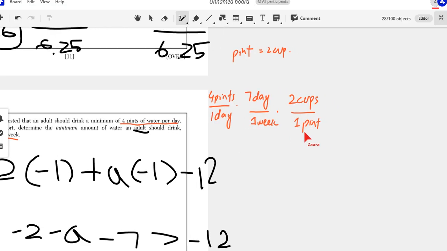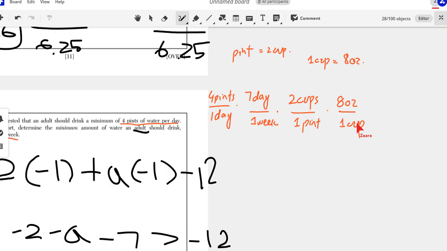And I have to get my answer in ounces. So in 1 cup there are 8 ounces, right? So that means I have to multiply by 8 ounces per 1 cup. So this will cancel out, this will be day, so I will get ounces per week.